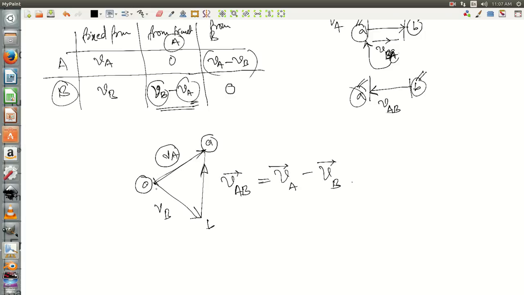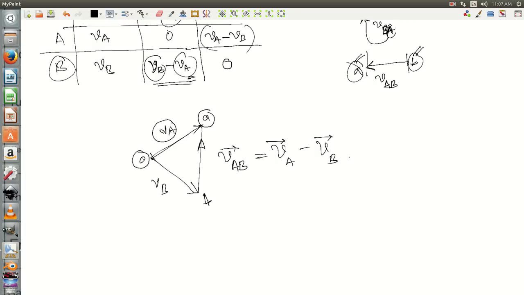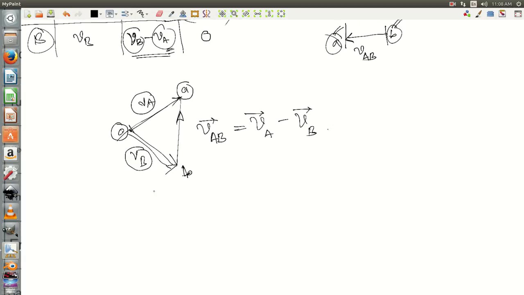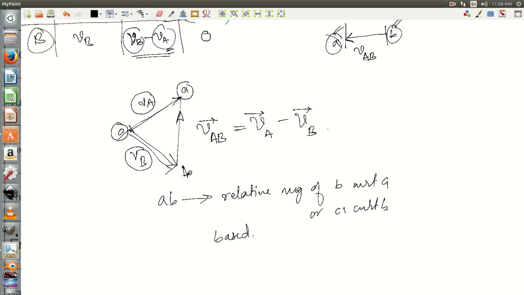Hence, this VA is an absolute velocity of the truck A. Similarly, this OB represents the magnitude of the velocity of B, and VB is the absolute velocity of the truck B. Whereas the length AB represents the relative magnitude of point B with respect to A, or A with respect to B, based on the direction.